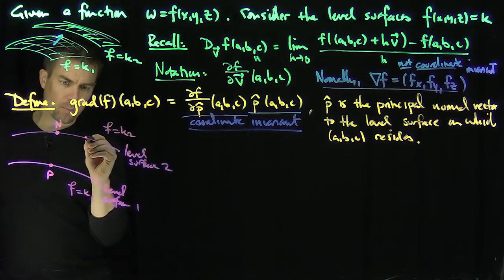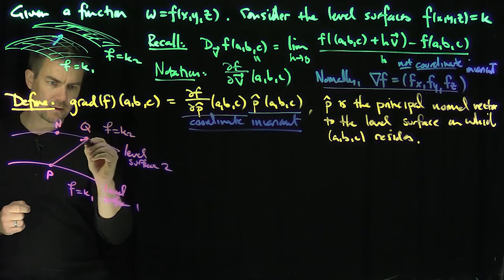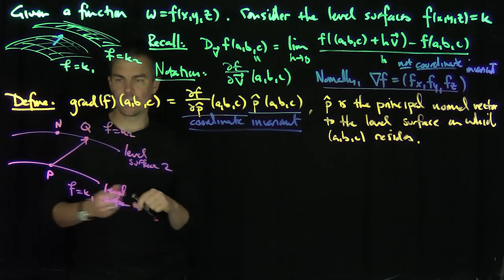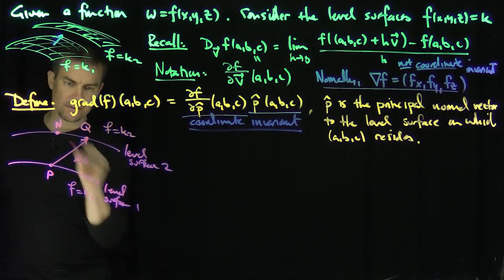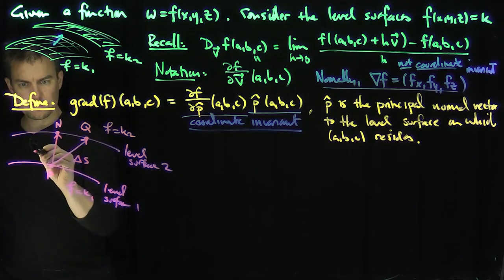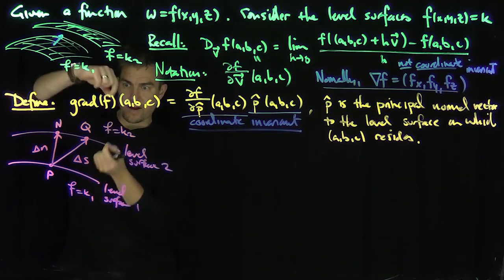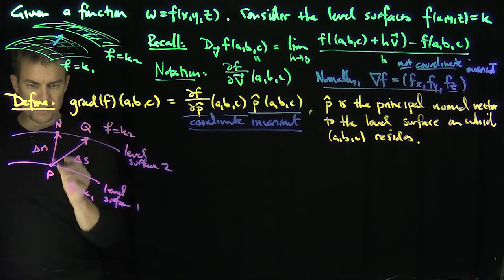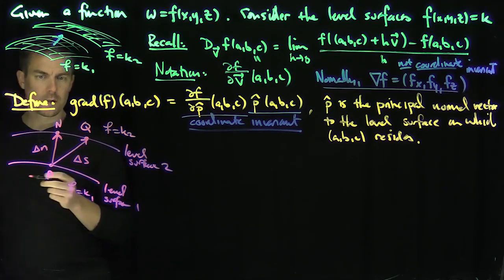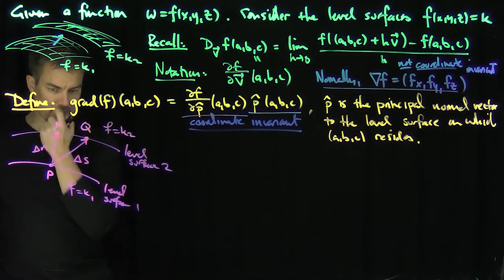Great. And I'm going to pick a point Q over here, and then I'm going to draw the arrow from P to Q. I'm going to call that length delta S, and I'm going to call this length over here delta N. And P to N is in the direction of the normal, out of the surface at that point. In other words, PN is basically in the direction that's normal to the level surface at f equals k1.